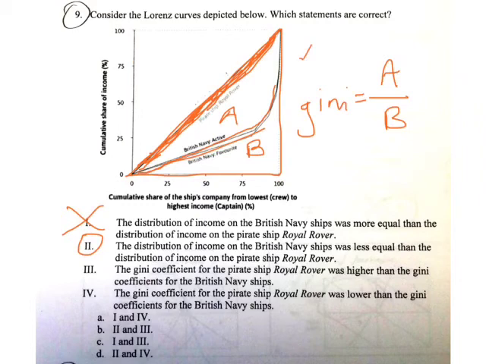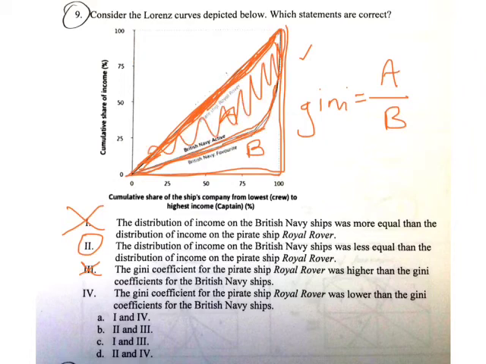And then let's go to 3 and 4. The Gini coefficient for the pirate ship Royal Rover was higher than the Gini. No. For the Royal Rover, it'd be this teeny area divided by this big area. It'd be very small. For the Navy ships, either one of them, it'd be this relatively large area, A, divided by this entire area, A and B. So that would be a much bigger number.